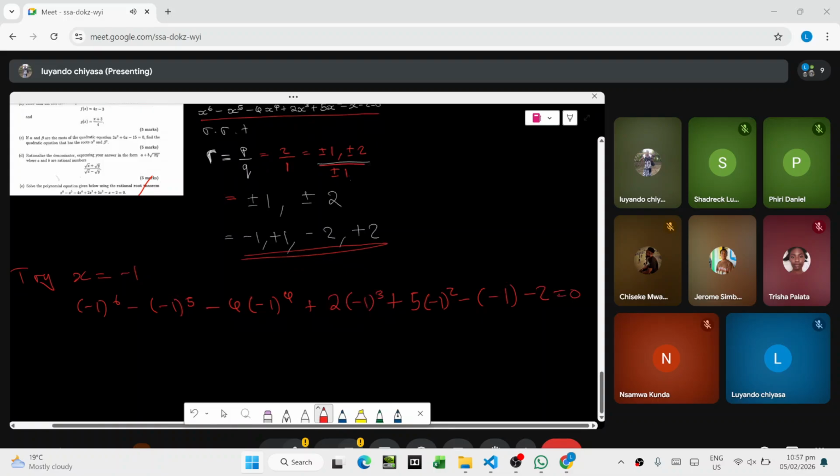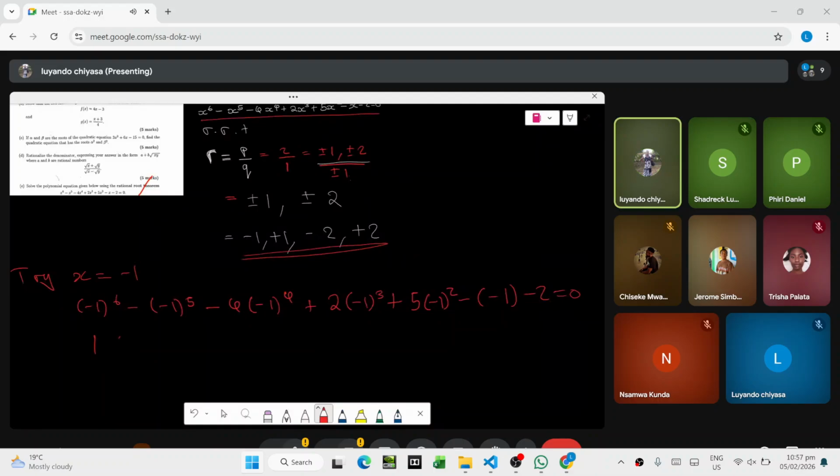What will we get equal to 0? Here we'll get 1 plus 1 minus 4 minus 2 plus 5 plus 5 plus 1 minus 1, equal to 0.